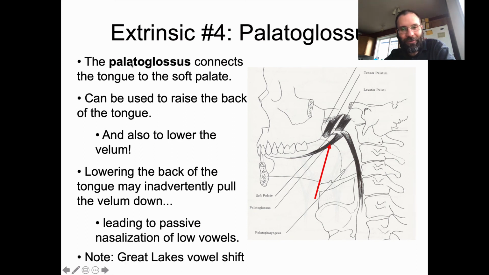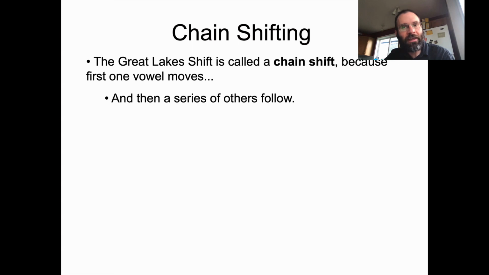So why am I mentioning this? This connection has been cited as a possible reason for why we have what's called the Great Lakes vowel shift in modern English in the Great Lakes area of the northern United States.